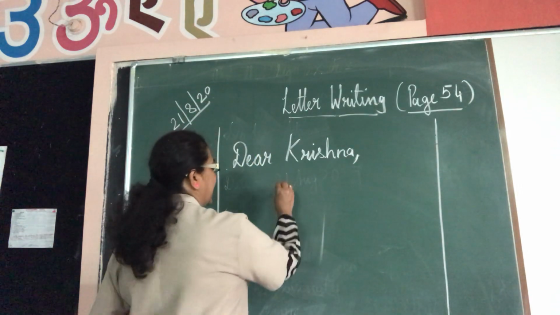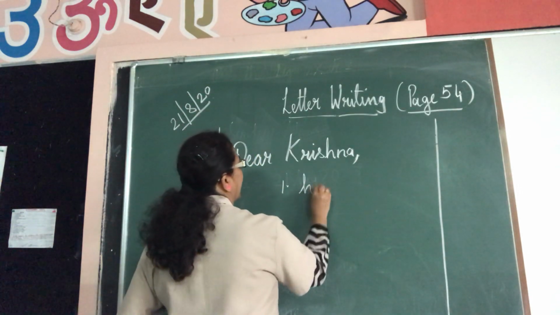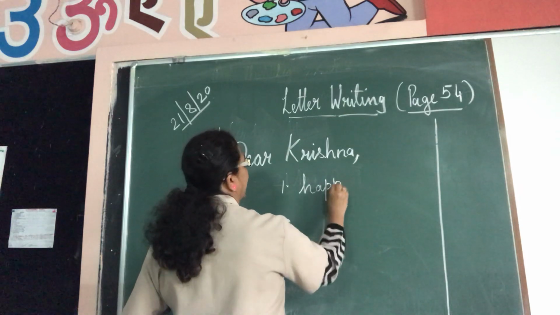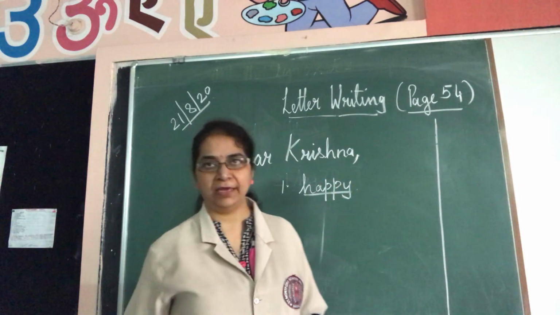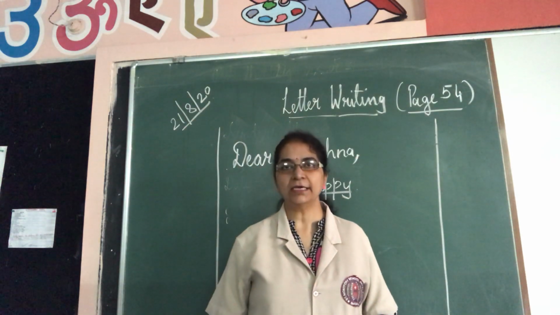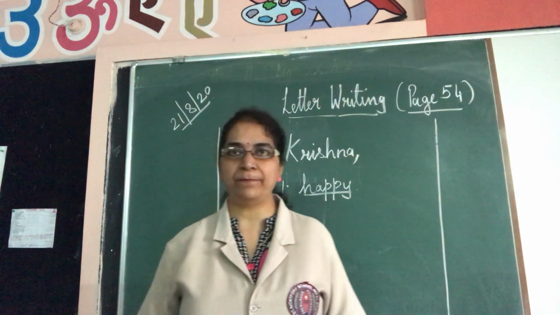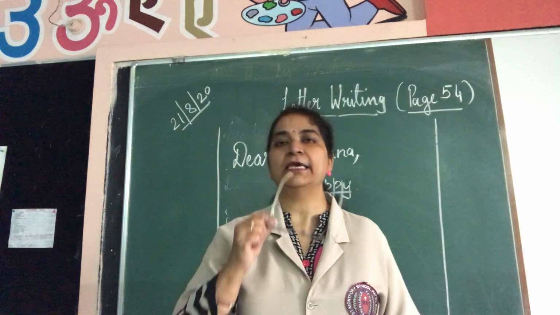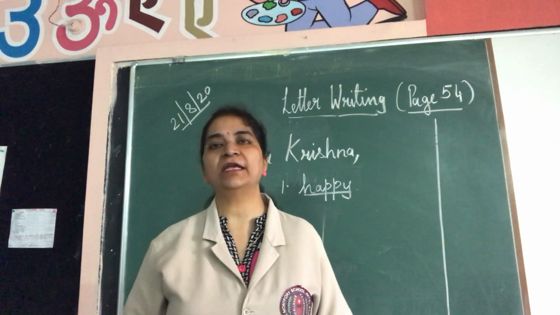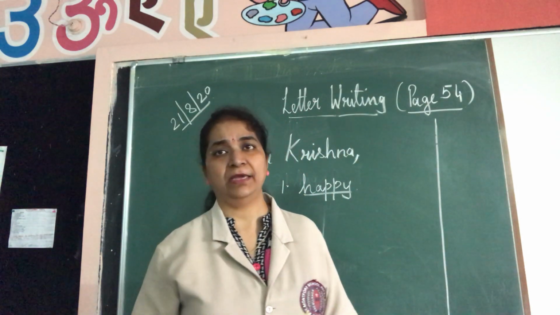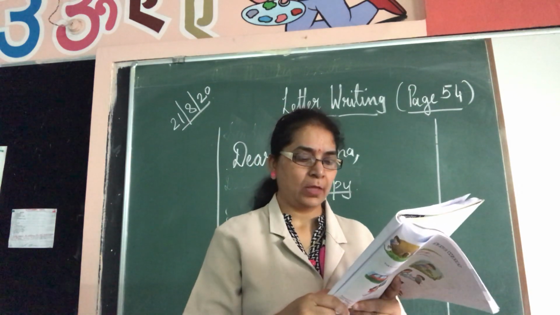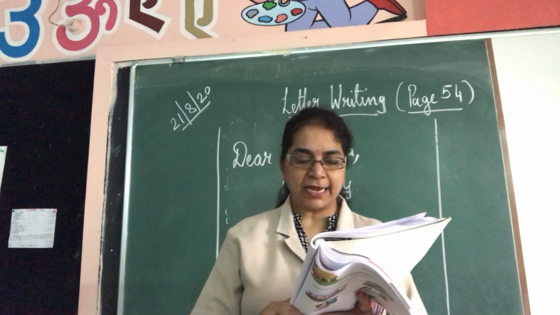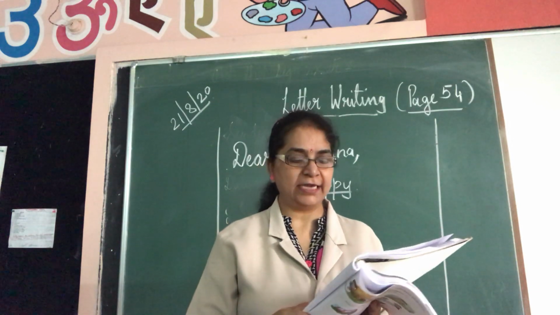So in the first blank, write happy. I felt very happy after seeing you. How did he feel? Very happy after seeing you. Then: I am glad that you ate the dash.